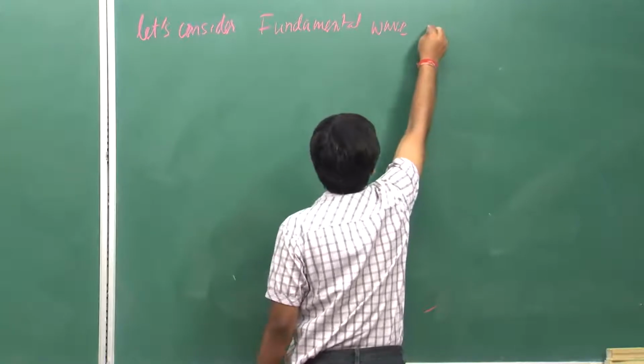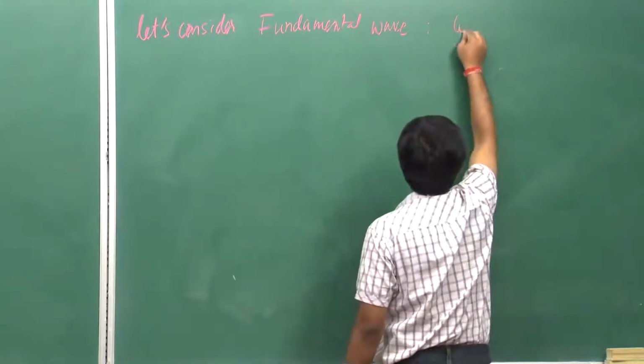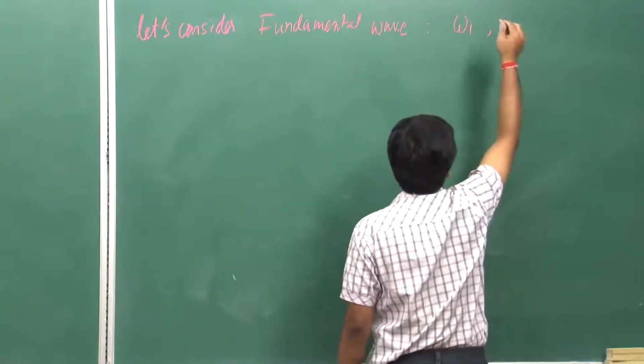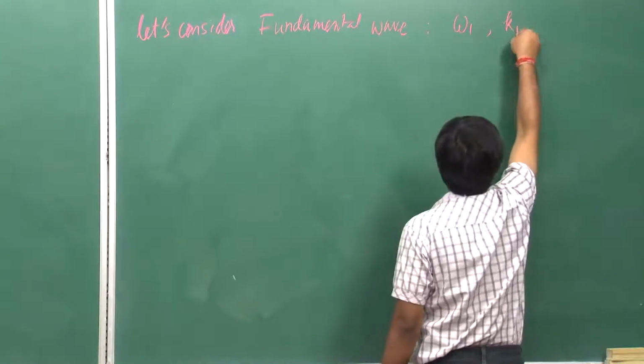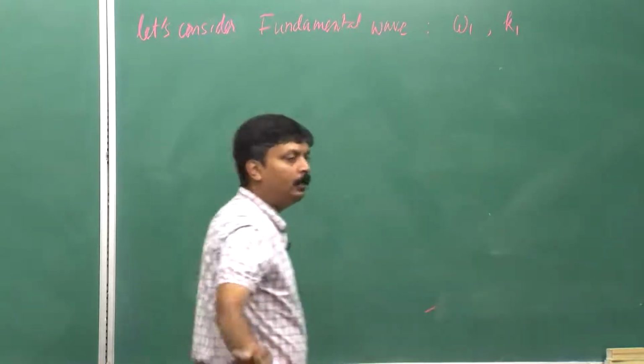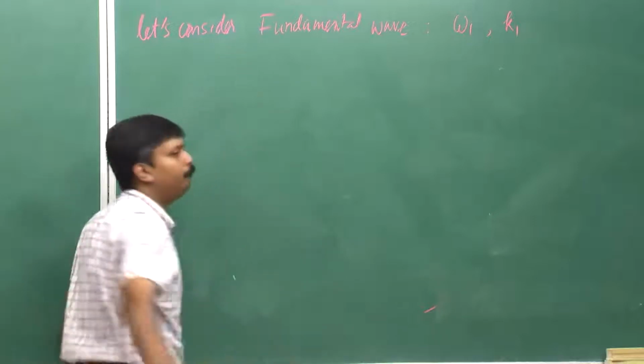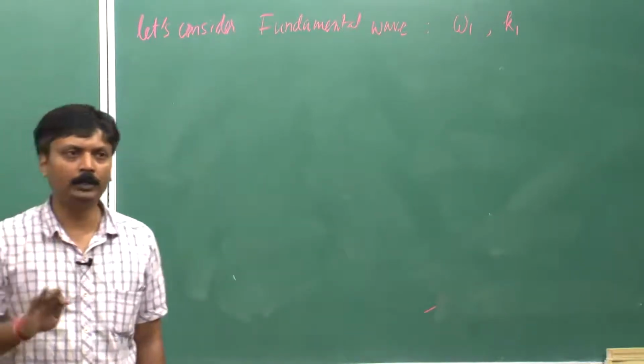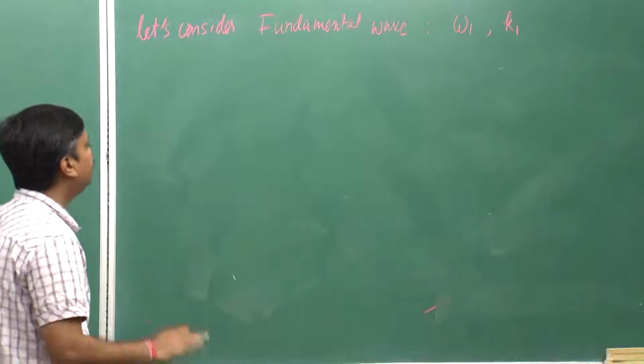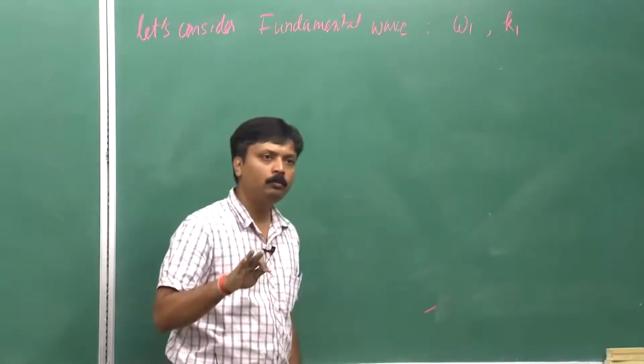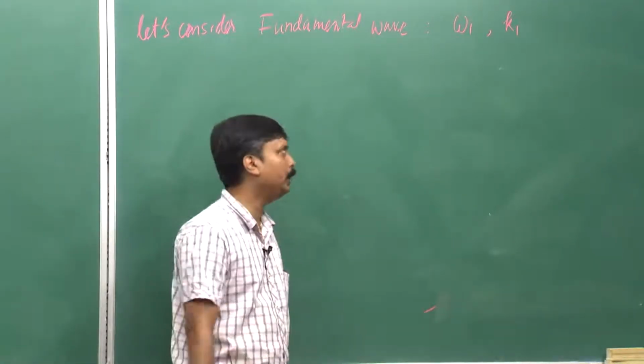And this fundamental wave is characterized by frequency omega 1 and wave vector k1. What will it do? This fundamental wave will induce polarization at the second harmonic frequency, which is equal to 2 omega 1, right.